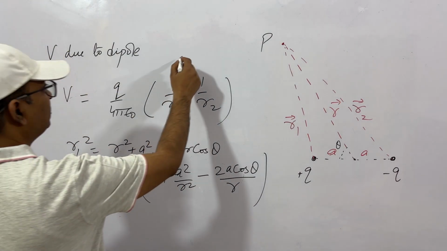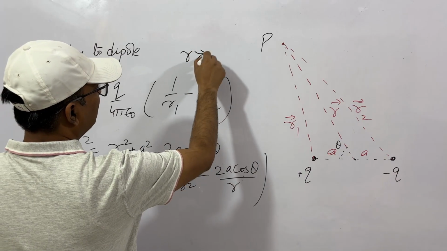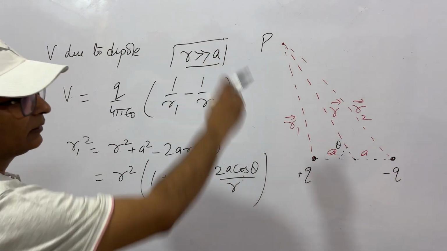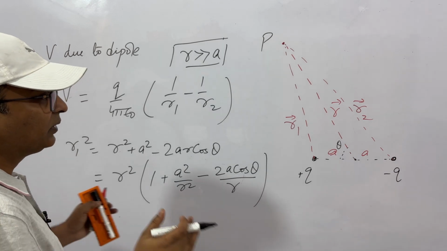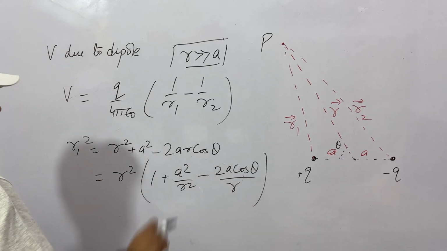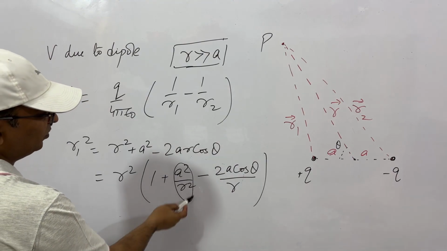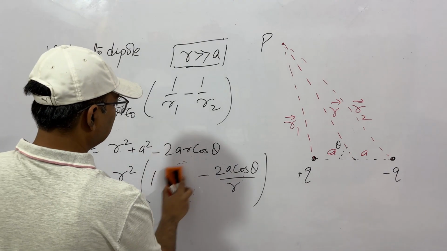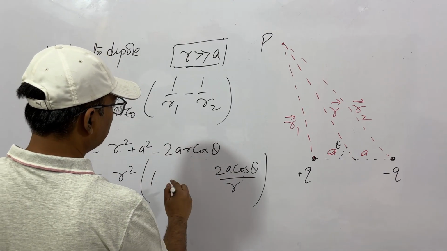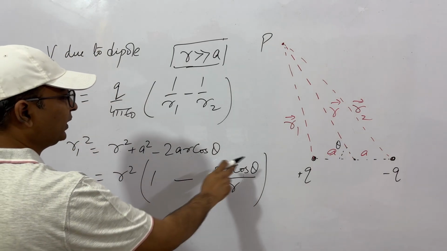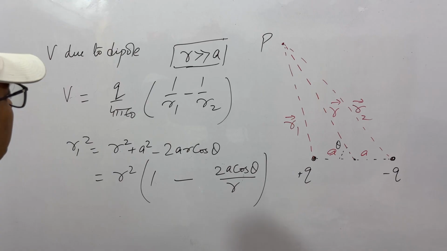Now let's suppose that R is greater than A. We know for dipoles we take distances that are very large compared to the distance between the two charges. So our case is R is greater than A. In that case, A square by R square will be almost equal to 0. So what we can say, R1 square is simply R square into 1 minus 2A cos theta by R, and R2 square will be R square into 1 plus 2A cos theta by R. Clear?